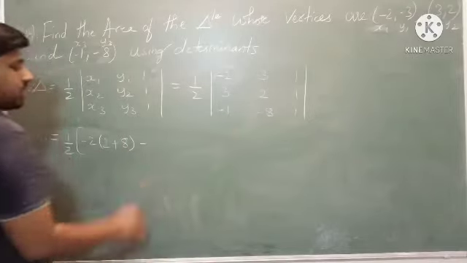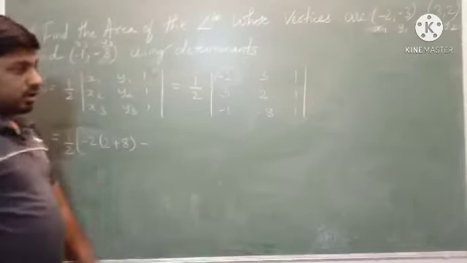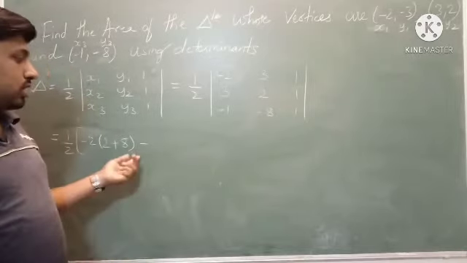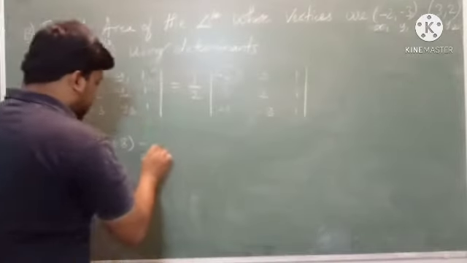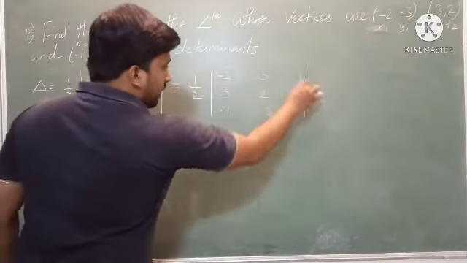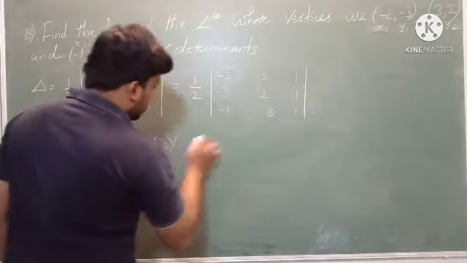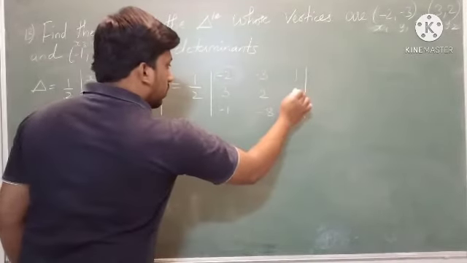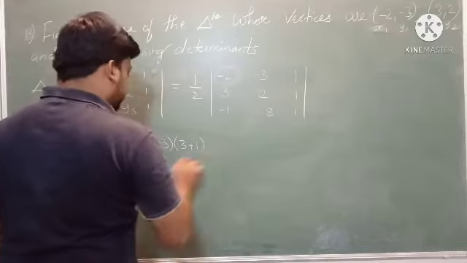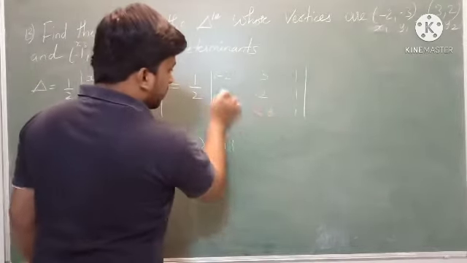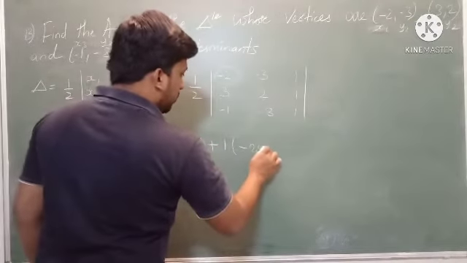Okay, minus the second element of the first row, in the determinant you should take it as minus. So minus 3 into, now I am going to leave this and consider this. So 3 into 1 is 3. Minus of minus 1 becomes plus, so 1 into 1 is 1. Plus 1 into, I am going to omit this and take this, so 3 8s are 24 plus 2, right?